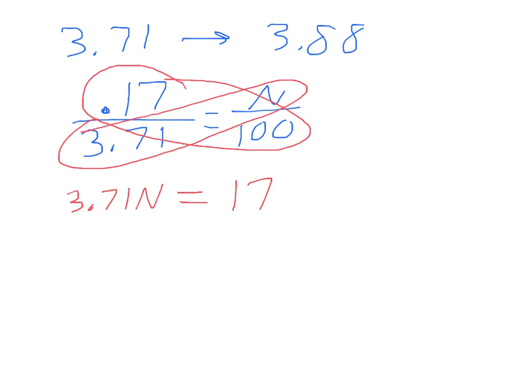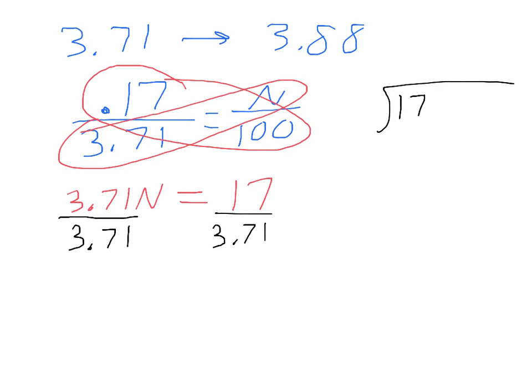Now what should I do? Divide both sides by $3.71. So I'm going to be taking 17 and dividing this by 3.71.